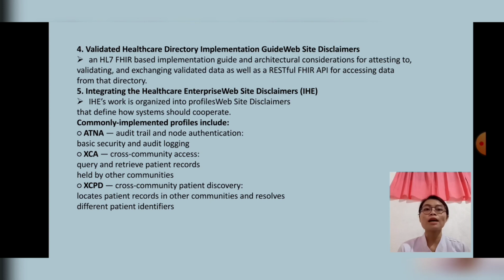XCA stands for Cross-Community Access, or query and retrieve patients' records held by other communities. XCPD stands for Cross-Community Patient Discovery, which locates patient records in other communities and resolves different patient identifiers.